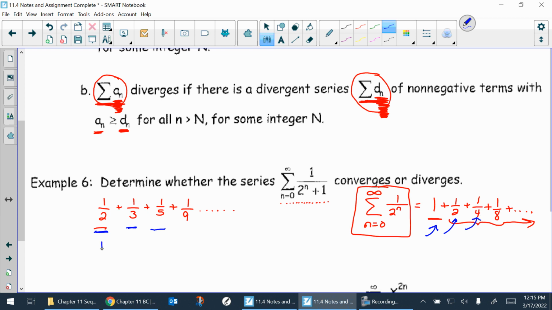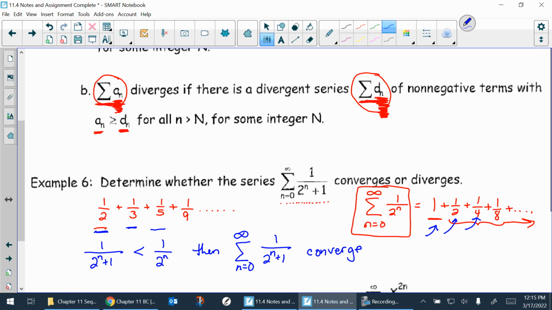And so, because 1 over 2 to the n plus 1 gives me terms that are smaller than a known converging series, I would have to say that this series, n equals 0 to infinity, 1 over 2 to the n plus 1, also converges.